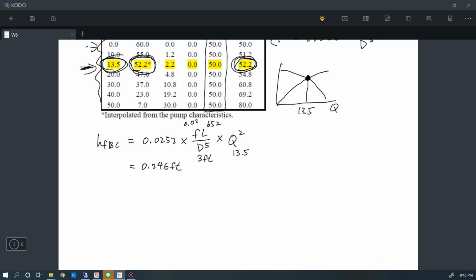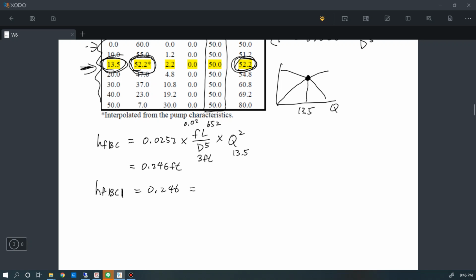Then we can use this value to calculate the original branches in this BC segment. So let's first calculate branch 1, which has the same head loss, 0.246.